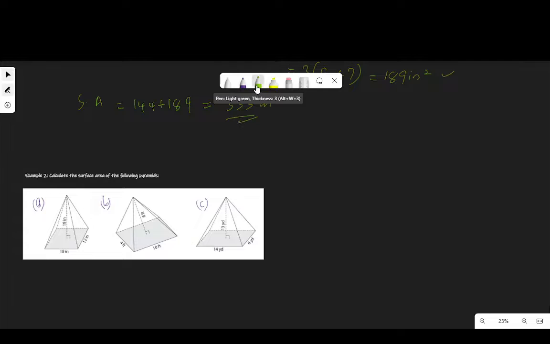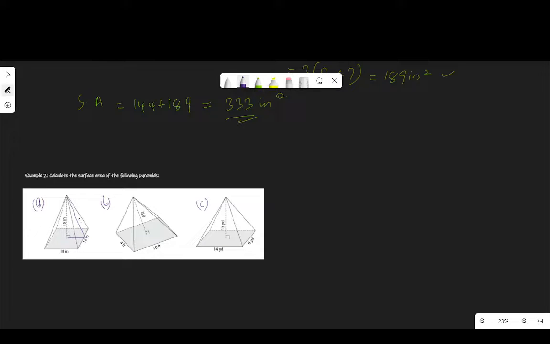To do that, let me start with A. For A, I have the vertical height to be 19 inches. So to get the height of the faces of the pyramid, let me join a line like this, and then also draw a line down like this.